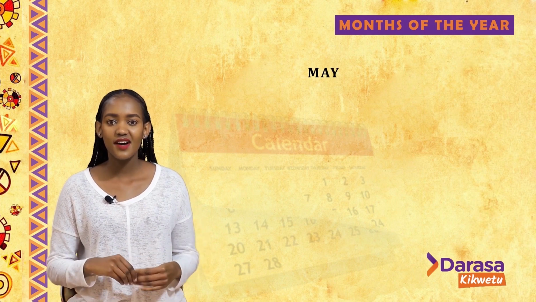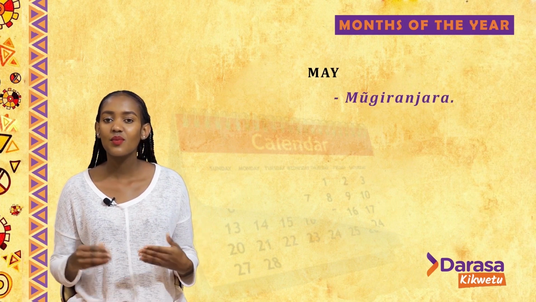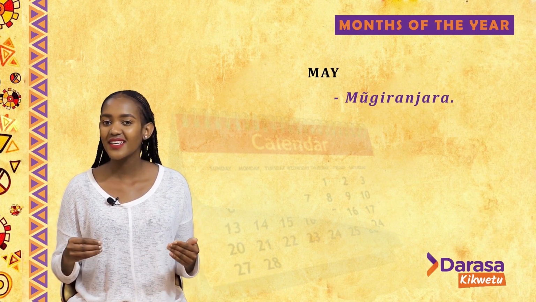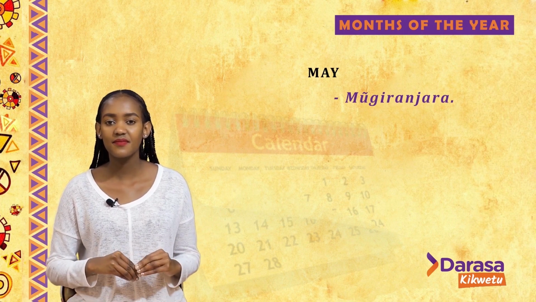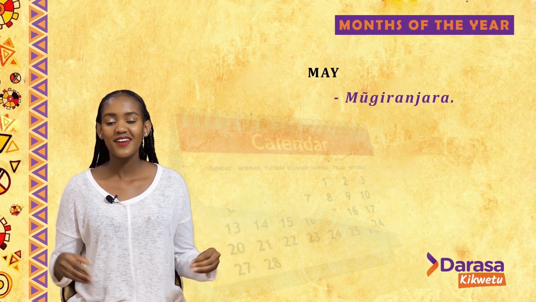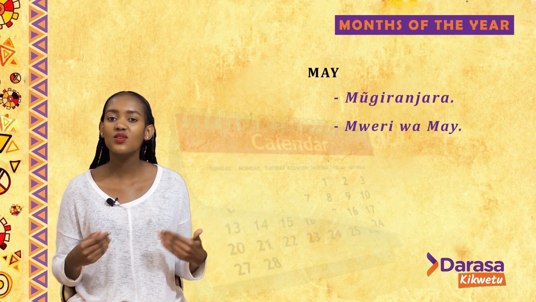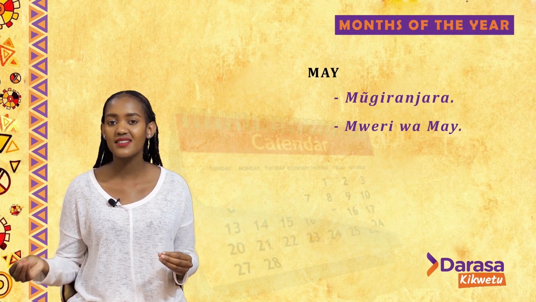May is known as Mugira Jara. Mugira Jara. Again, Mugira Jara. But then you can call it Mweri wa May instead of Mweri wa Mugira Jara.